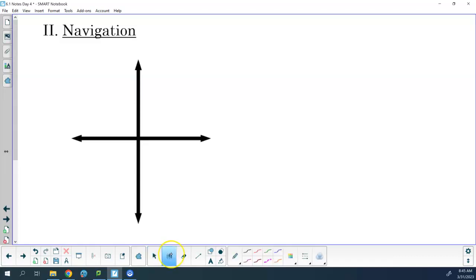A couple of things to remember about the navigation. First off, remember when we are navigating, north is up, and that's 0 degrees. East is to the right, and that's 90 degrees. South is to the bottom, and that's 180 degrees. West is to the left, and that is 270 degrees.